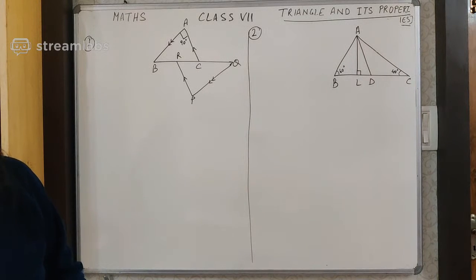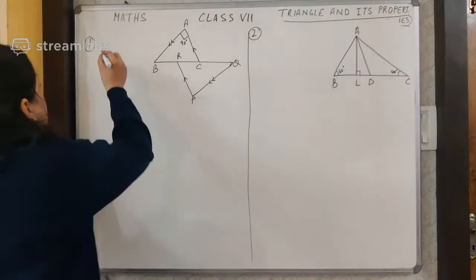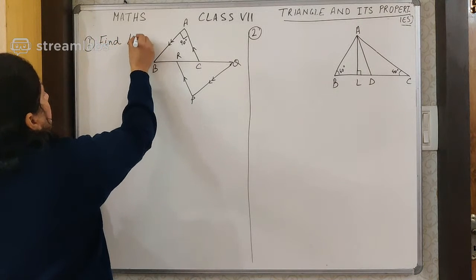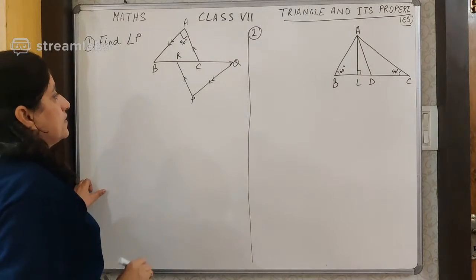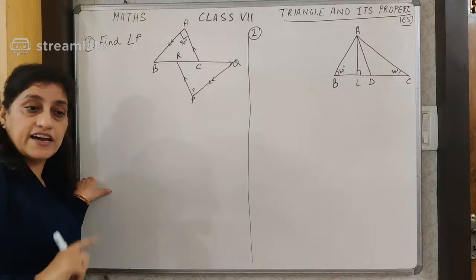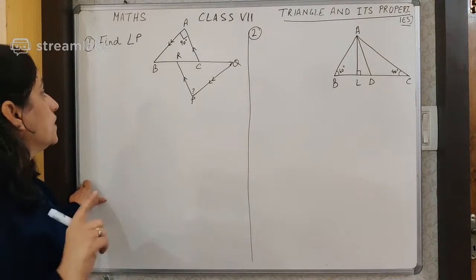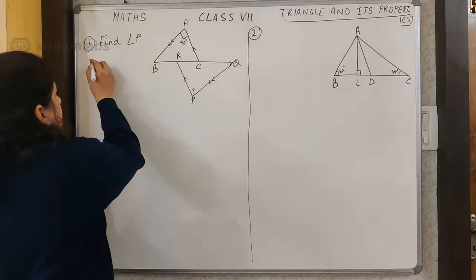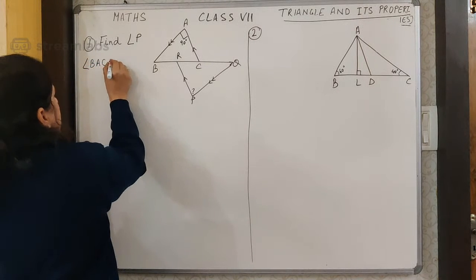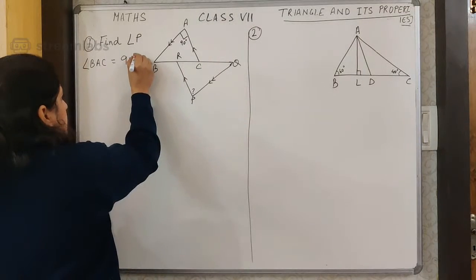In this question, we have to find angle P. So what we have to find? Angle P, this is the angle which I am supposed to find. I have put a question mark over there. Now, we will note down what is given to us. Angle BAC is equal to 90 degrees.